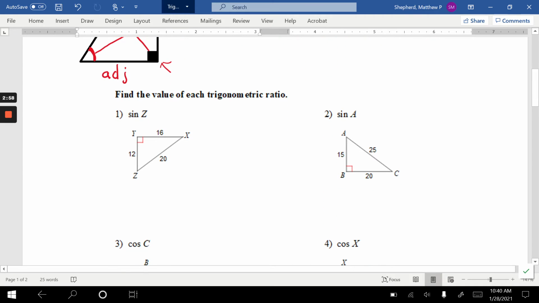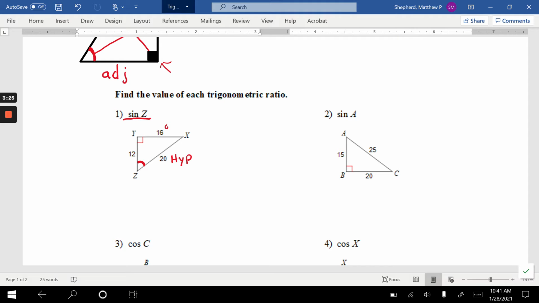We are looking in this problem for the sine of z, which makes this our angle of interest. Oh, I mislabeled something already. First, opposite of the 90-degree angle is our hypotenuse.